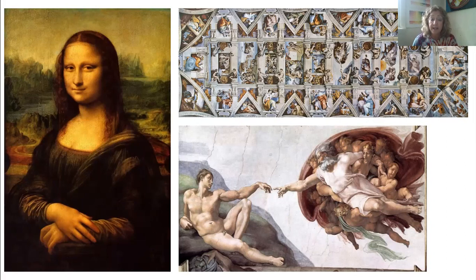Now, the Mona Lisa and almost all realistic paintings of that time were done in what's called a glazing technique. And what makes the Mona Lisa so amazing is that it was painted over a 2-year time.